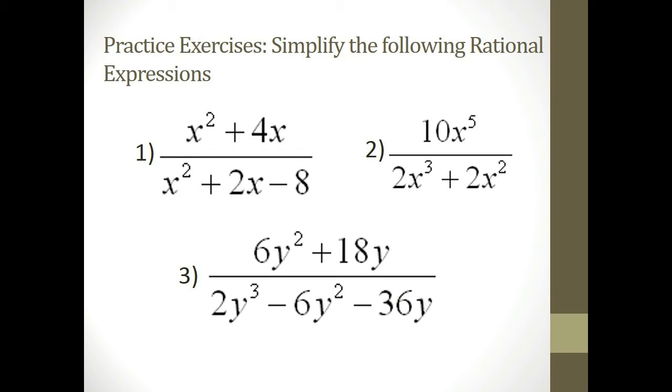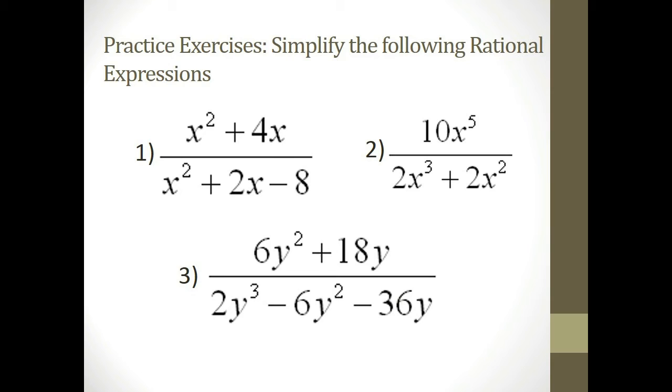Here are some practice exercises. Simplify the following rational expressions. Number 1. X squared plus 4x all over x squared plus 2x minus 8. Number 2. 10x to the fifth all over 2x cubed plus 2x squared.